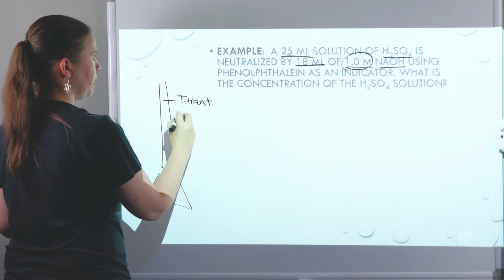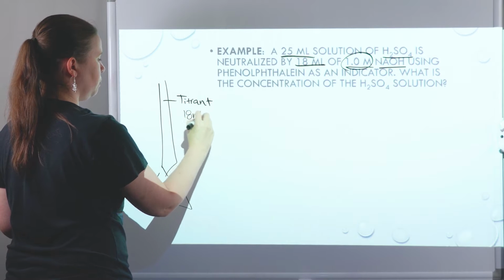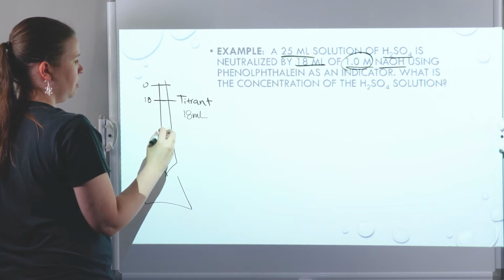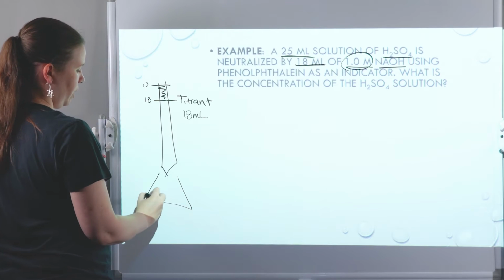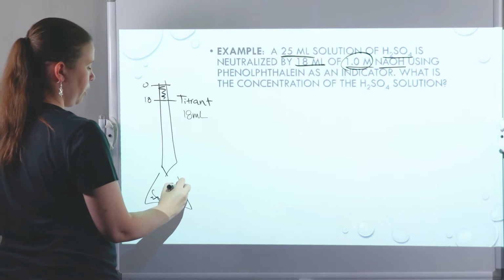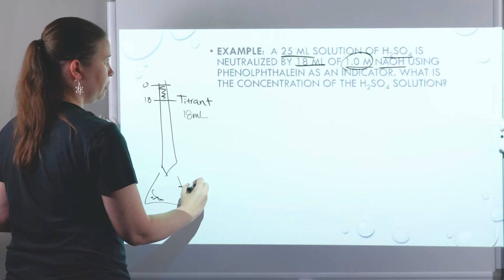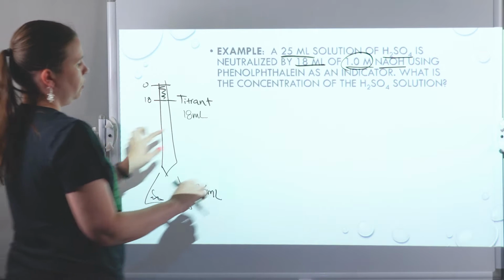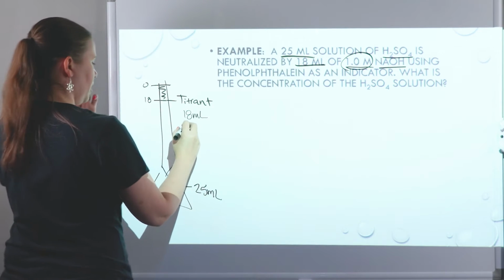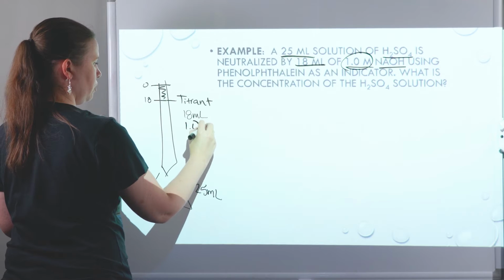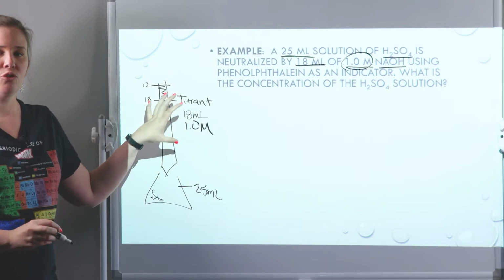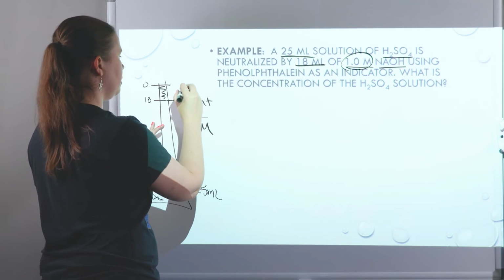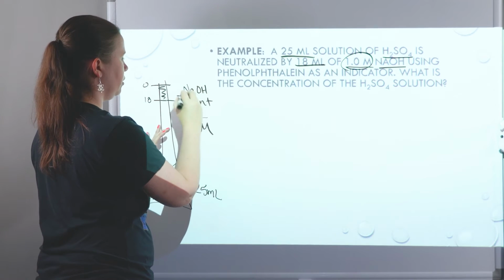And so what I know about my titrant is that it has 18 milliliters, meaning it dropped from 0 to 18. That volume is what ended up in the flask. What I know about what was in the flask originally is that we had 25 milliliters. What made me choose this as the titrant was that I know the concentration of 1 molar.